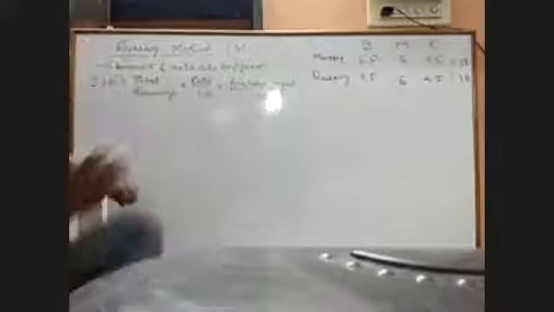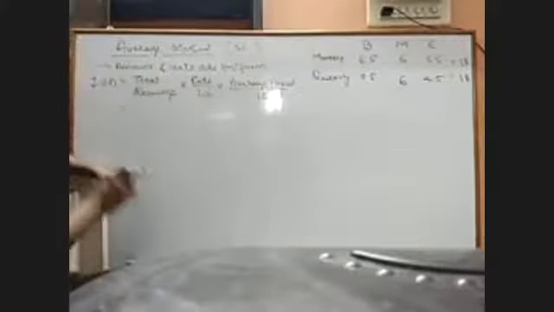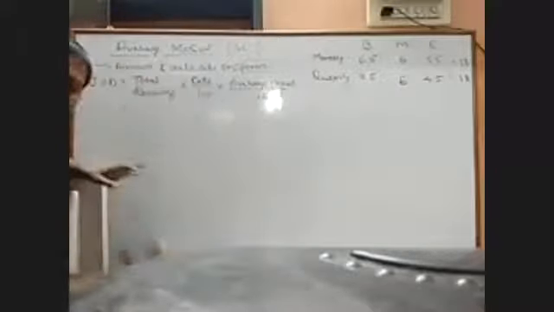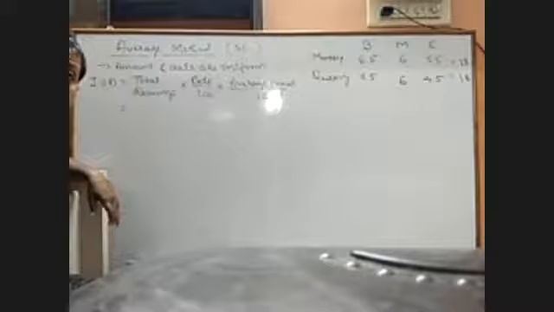Now just check. See, if I apply this formula instead of putting that big chart and all, the solution will be very easy. First, what I need is total drawings. The person is withdrawing 4,000 rupees at the beginning of each quarter. How many quarters will be there in a year? 4.